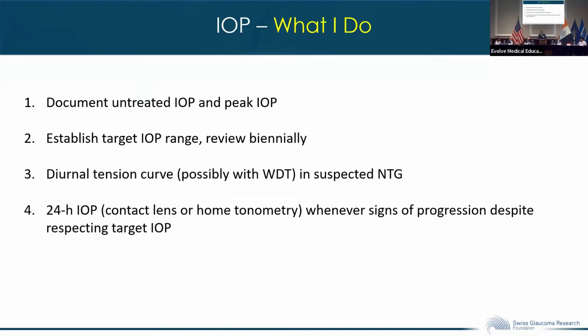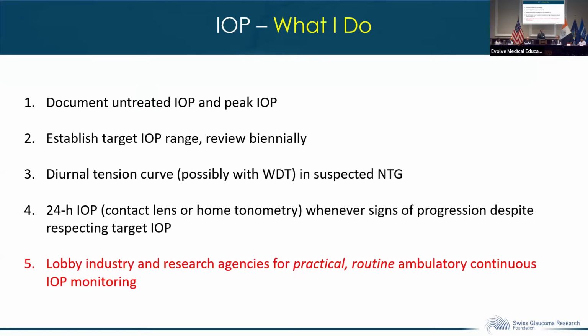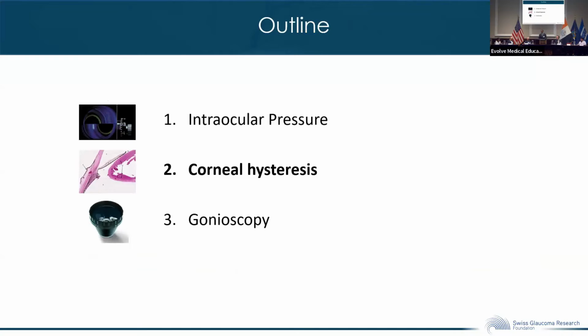So what do I do today for IOP? Well, we make sure to document untreated IOP for new patients, their peak IOP if available before starting treatment, define an IOP range, and review it regularly: if patients are stable, maybe biannually, if they're unstable, more frequently. A diurnal tension curve, possibly augmented with a water drinking test, is something we try in my clinic to obtain in patients who we suspect of NTG.